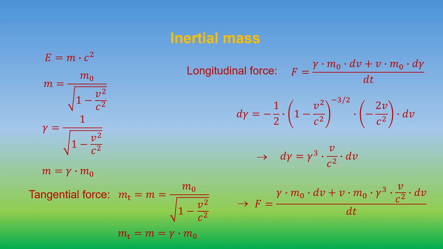We substitute that into our earlier equation and we get F equals gamma times m naught times dv plus v times m naught times gamma cubed times v over c squared times dv divided by dt.